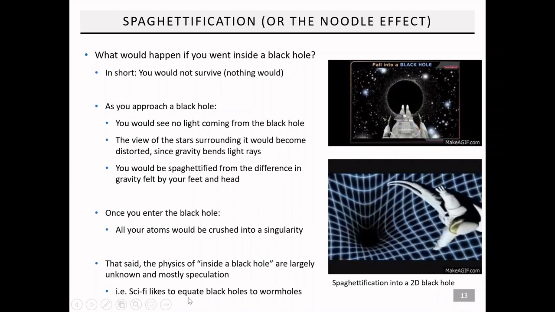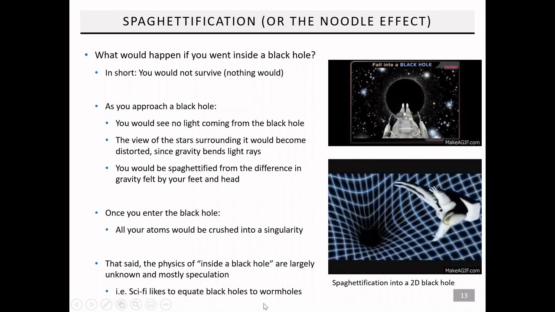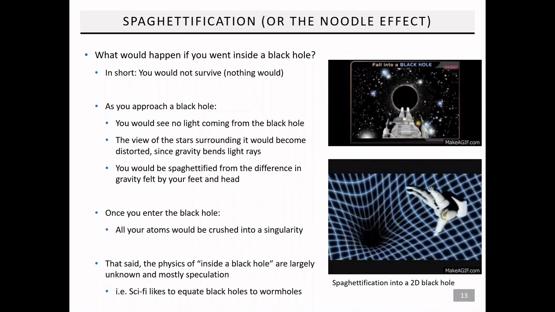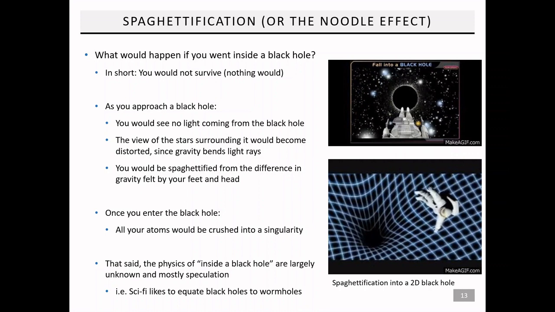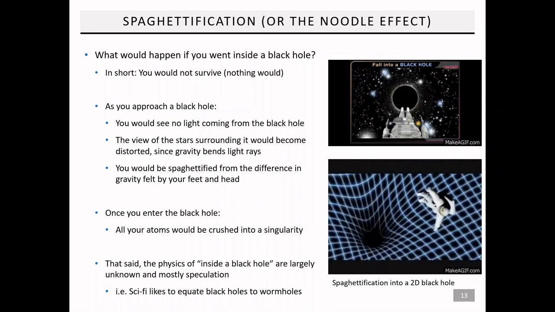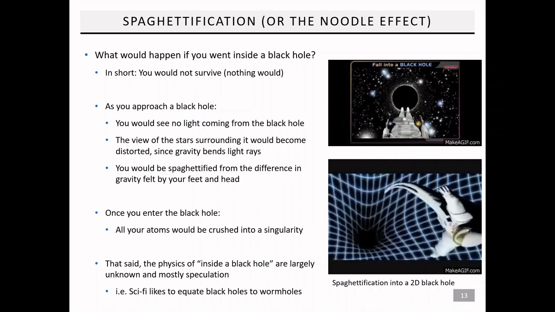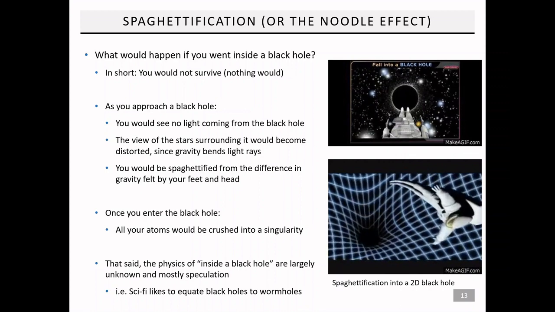A lot of times sci-fi equates black holes to wormholes, wormholes being sort of like portals from one area of the universe to another. This seems very unlikely to be the case, but it's possible, and some physicists even try to devise ways in which this could actually occur in our universe.